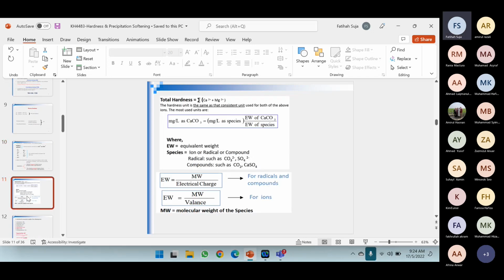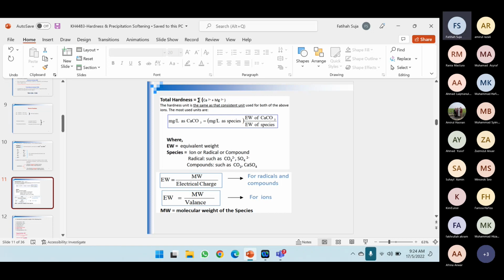Okay, so this is the formula: milligram per liter as calcium carbonate. How do you get this milligram per liter as calcium carbonate? The only thing you need to remember is that the hardness unit must be consistent for all the ions.